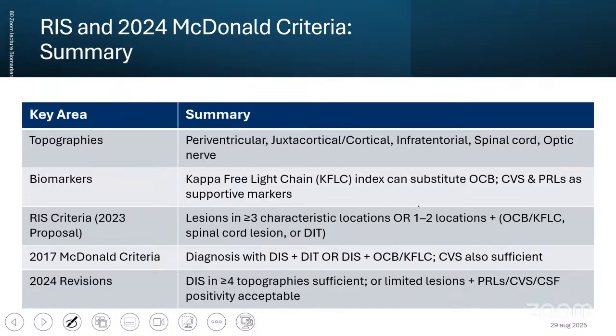So, in summary, for 2024 or 25, you can say periventricular, juxtacortical, infratentorial, spinal cord, and optic nerve, five topographies have been included now. The kappa-free light chain index can substitute for OCBs, and CVS and PRLs serve as supportive markers.